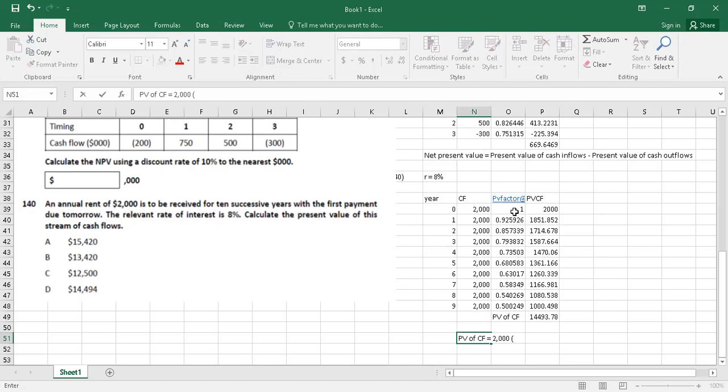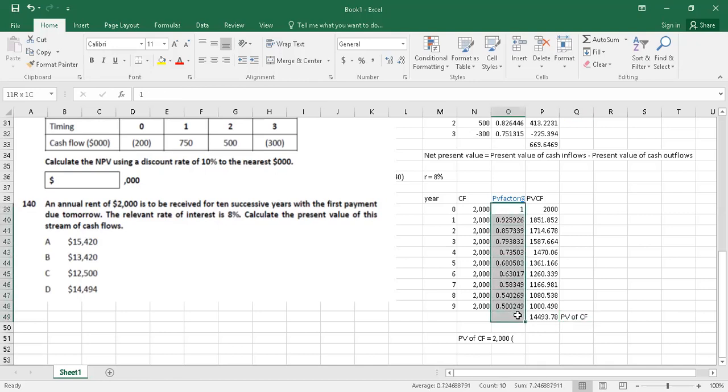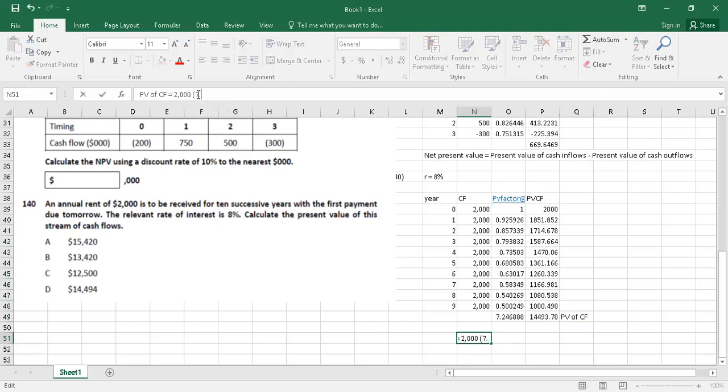See, the sum total of all of them, when we add them, is 7.24688. So present value is equal to 2000 into 7.24688.